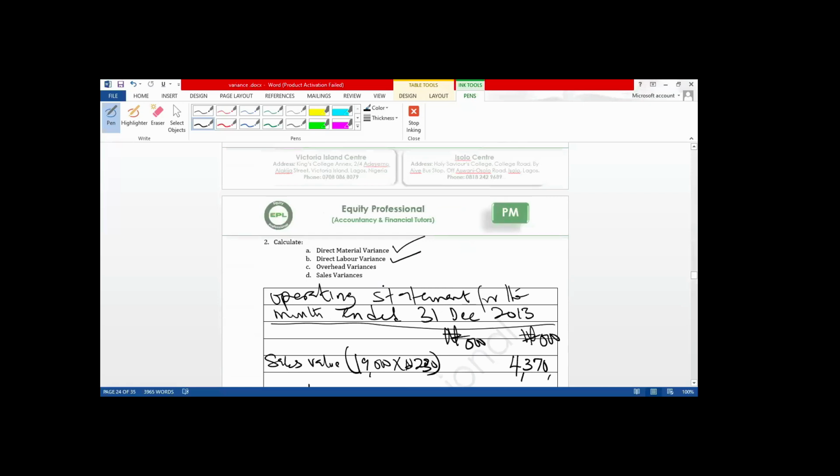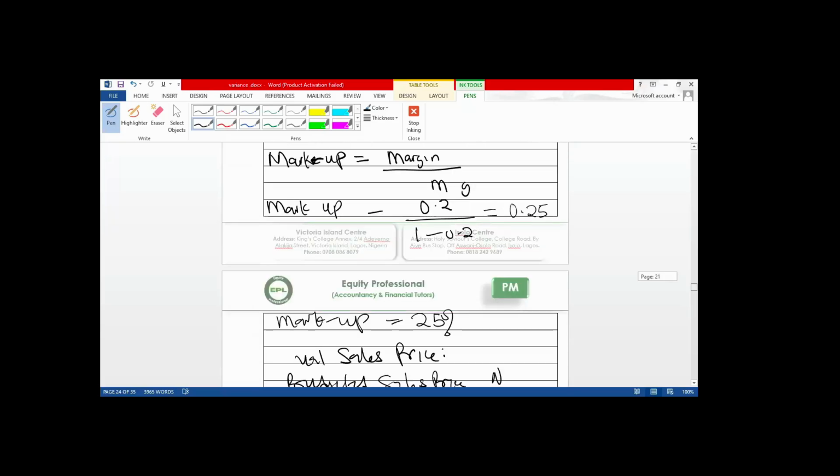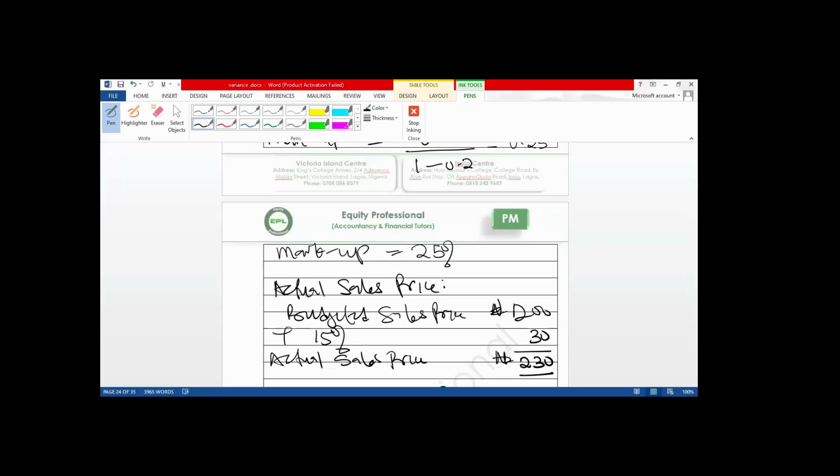Overhead variance, we only have one. That is your fixed overhead variance. Okay, I have to stop here. If you understand what we have been doing so far, you can compute the remaining variance, overhead variance.